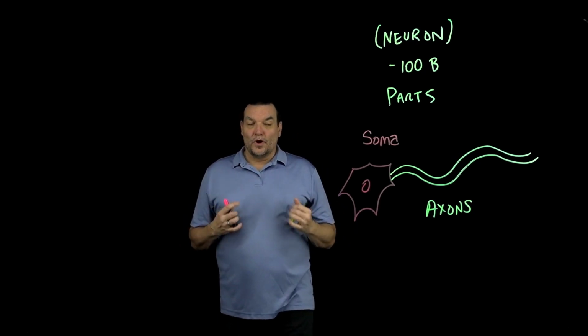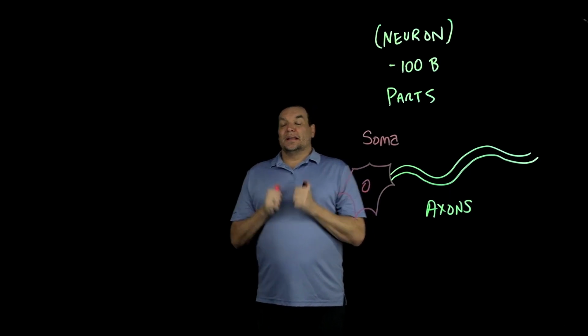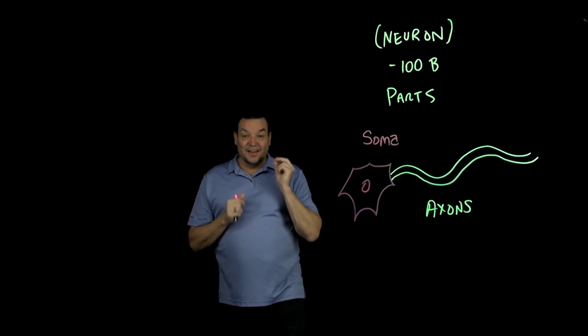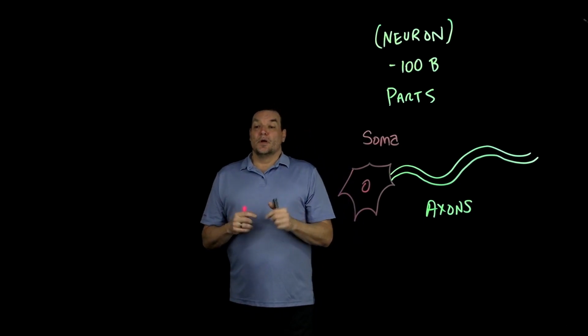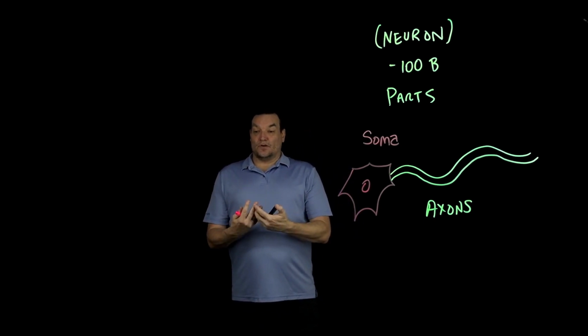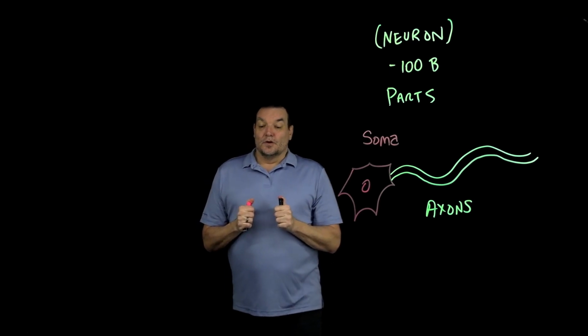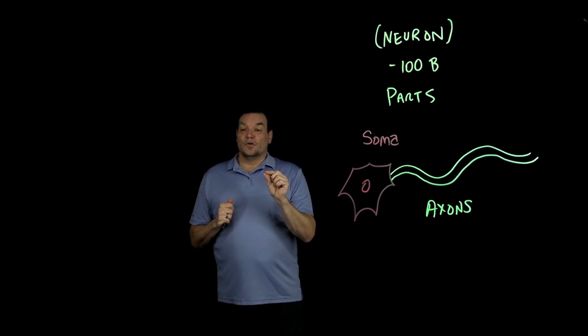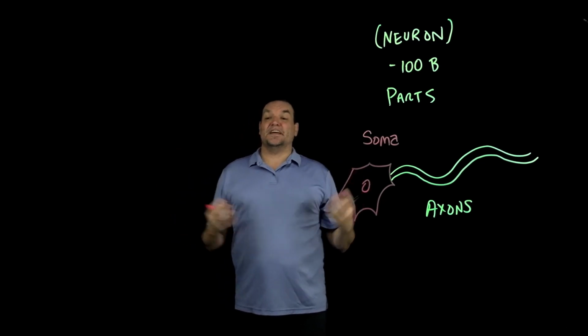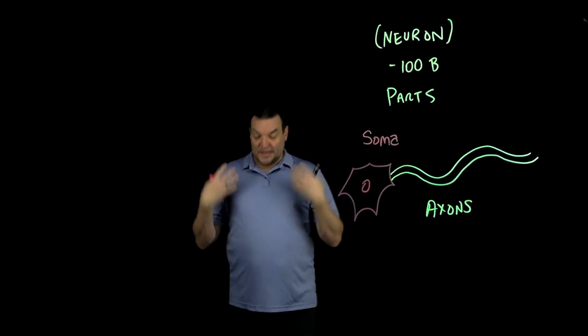What are axons for? They allow electrochemical activity. They allow brain signals to move within and between brain cells, traveling just micrometers from one brain area to another, all the way to 6.5 feet in the case of my brain down to my toes.